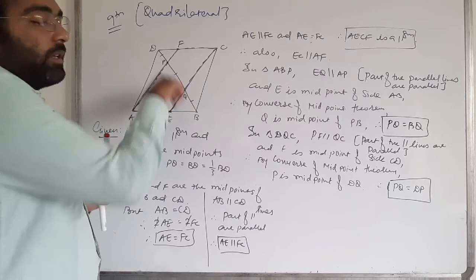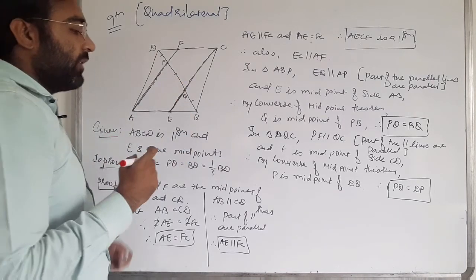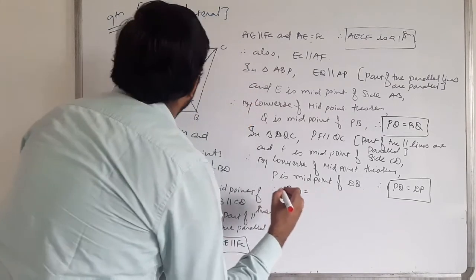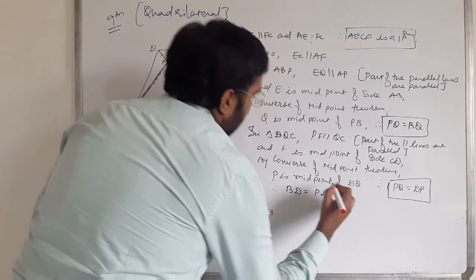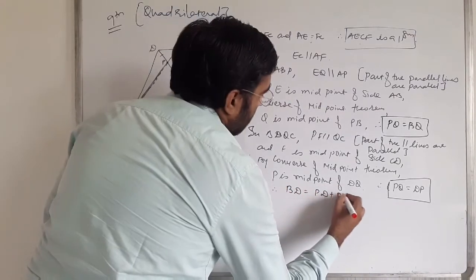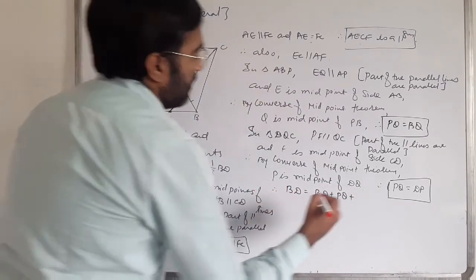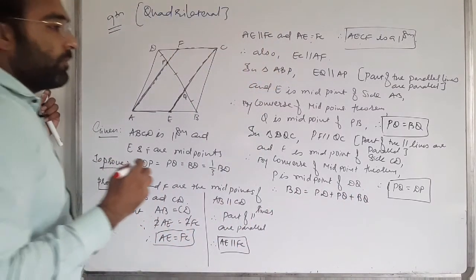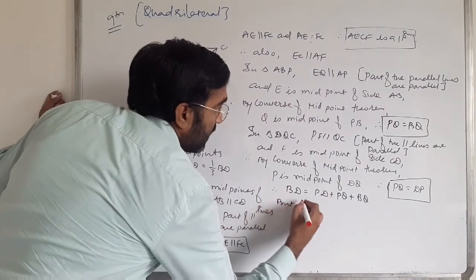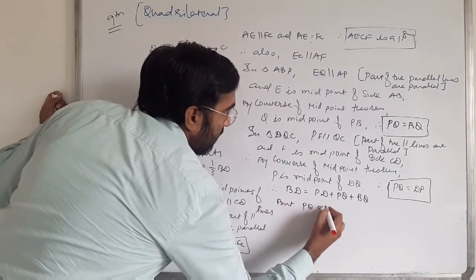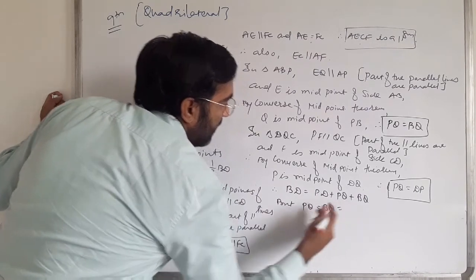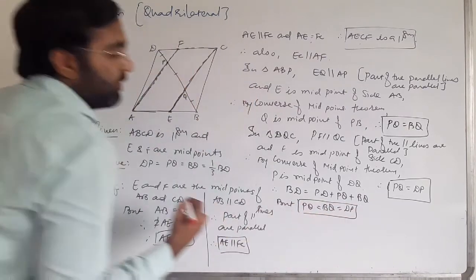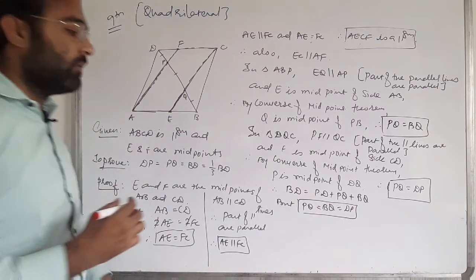Now here BD is a line, therefore BD is equal to PD plus PQ plus BQ. But PQ is equal to BQ and PQ is also equal to DP. Therefore all parts are equal.